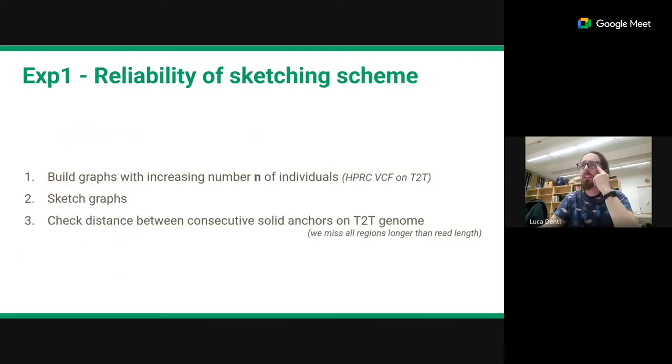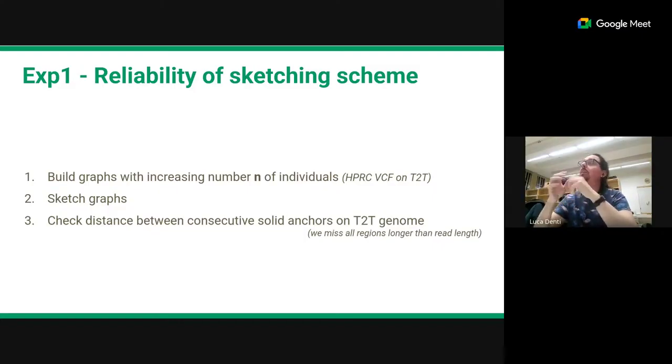So we start with the first one. The experimental setting is this: I have the VCF on the T2T reference from the HPRC. I build the graphs with an increasing number of individuals, and then I sketch the graphs. Then I check the distance between two consecutive solid anchors with respect to the T2T genome.